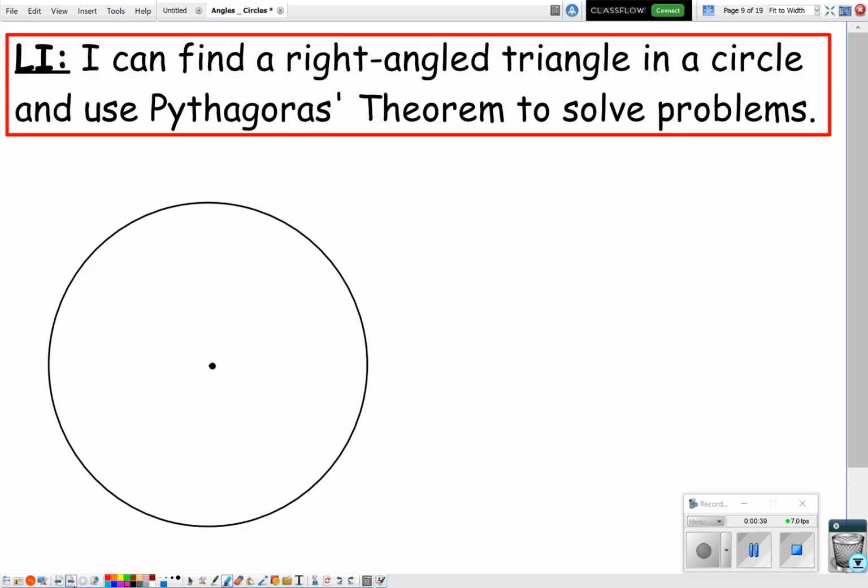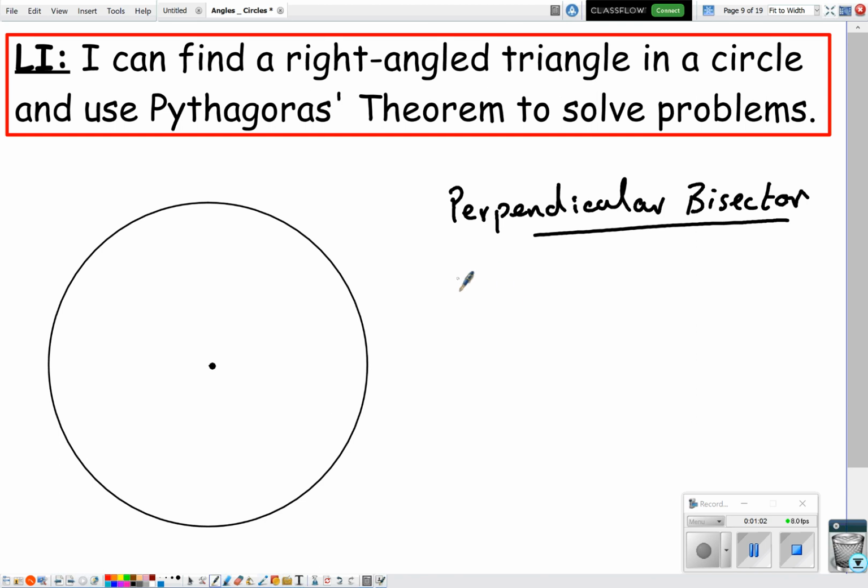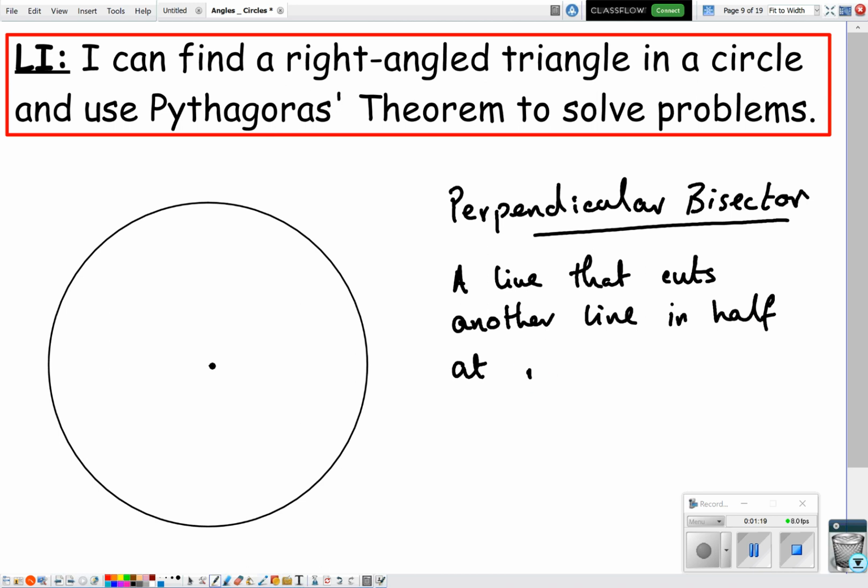Before we go into some examples, there are a couple of definitions here that I want to go through with you. The first one is called a perpendicular bisector. A perpendicular bisector is just a line that cuts another line in half at right angles.